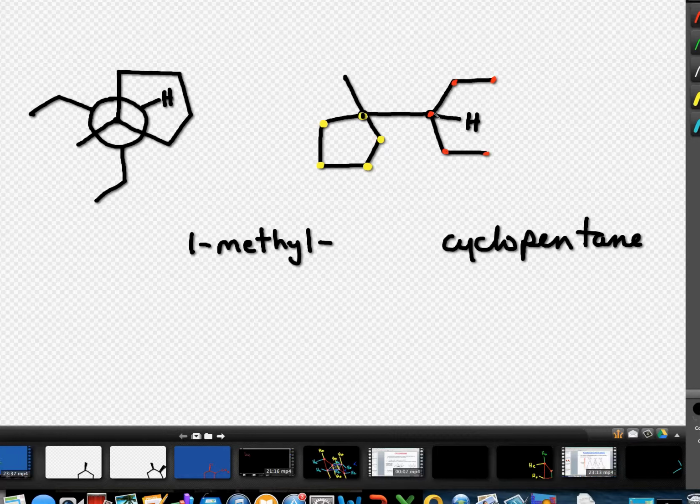Now with this group, we have a 1, 2, 3 carbon chain as the longest chain. So that's a propyl, but there's an ethyl group off of carbon 1. So we would want to put this in parentheses, and I'm going to place it down here. 1-ethylpropyl.